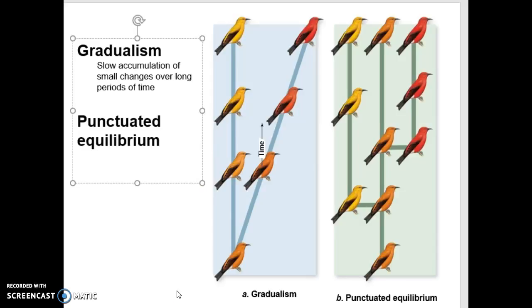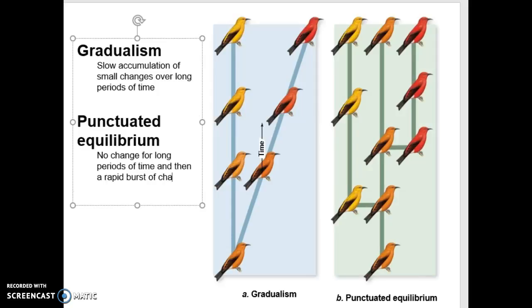That's the key. With punctuated equilibrium, there is no change for long periods of time, and then a rapid burst of change in a short period of time.